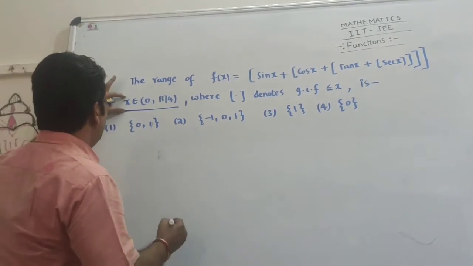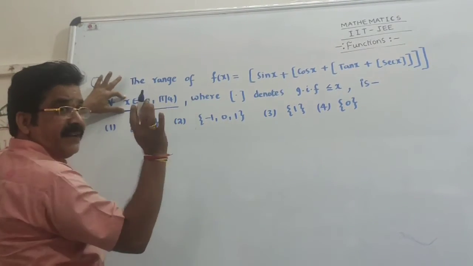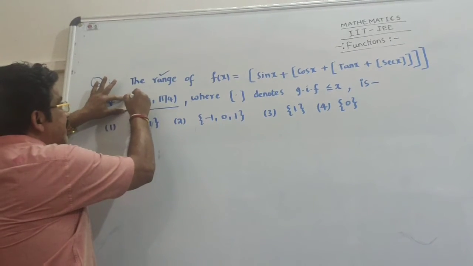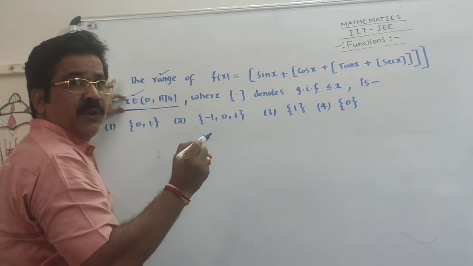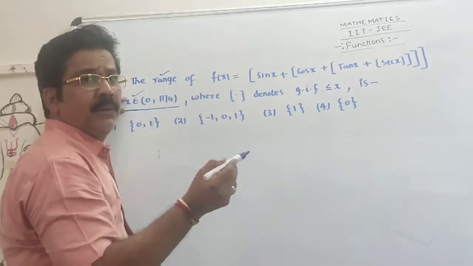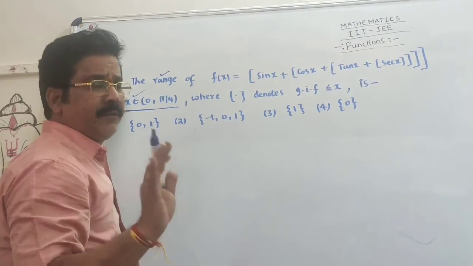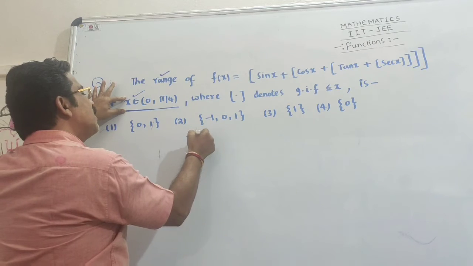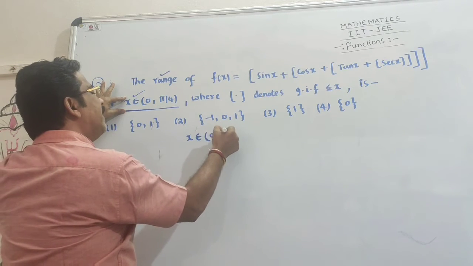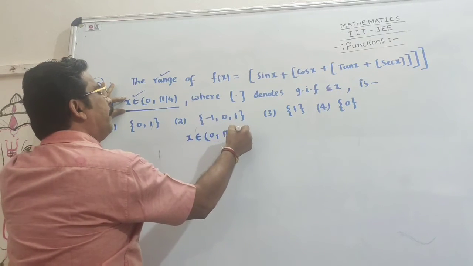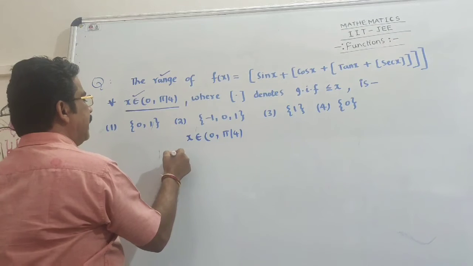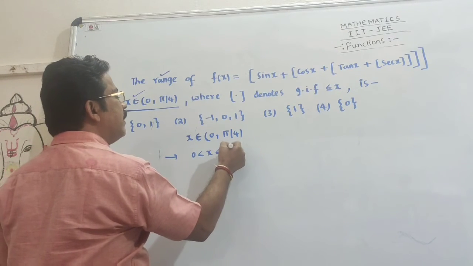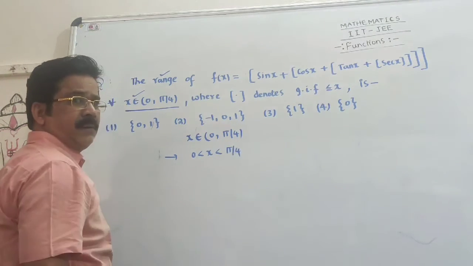The question is about the range, and the domain is directly given, so we need not find the domain. So x belongs to the open interval 0, pi by 4, which implies 0 less than x less than pi by 4.